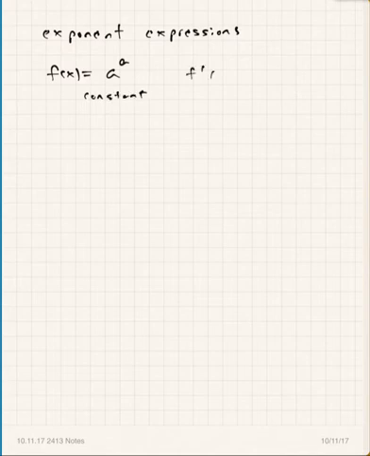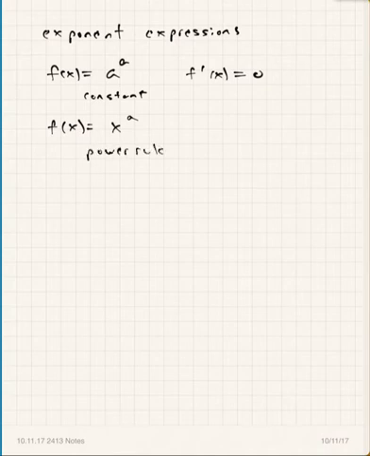And so f prime of x would be 0. If f of x is x to the a, that's a power rule problem. And so f prime of x would be a times x to the a minus 1. That's just a simple power rule.